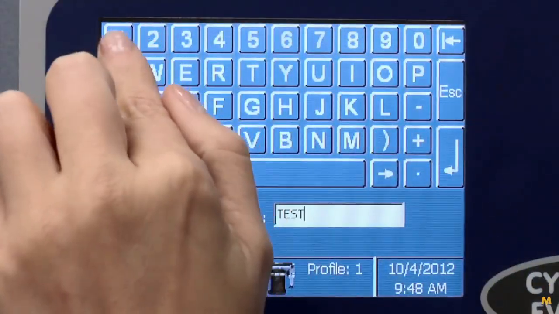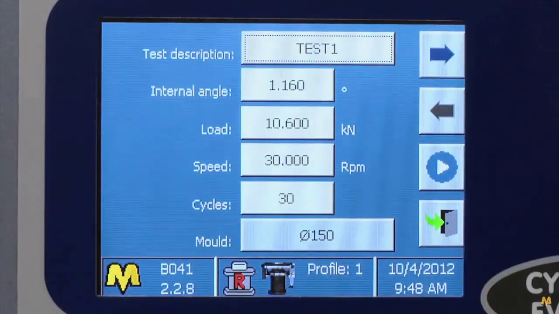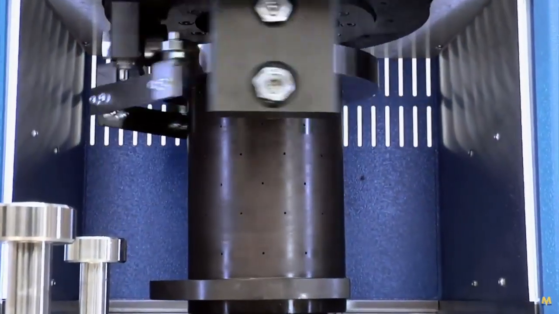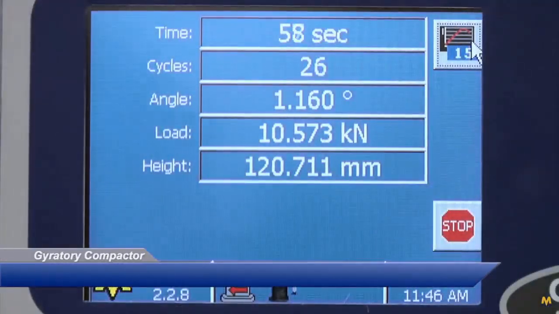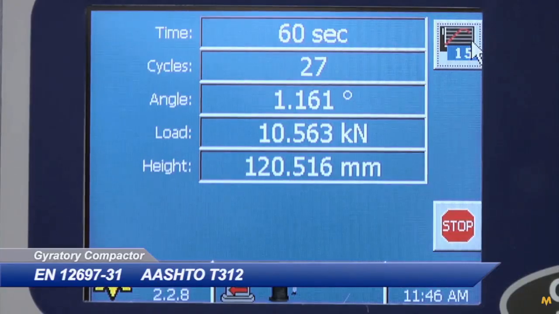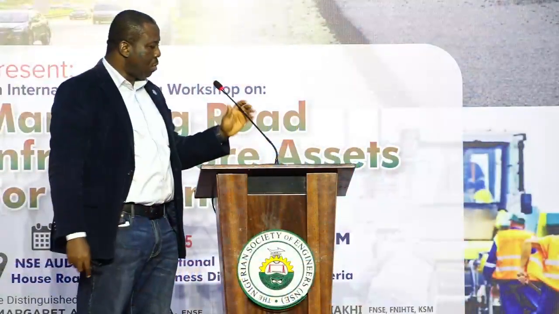Accurate setup and conservation of the gyratory angle, adjustable from 0 to 2.4 degrees. Automatic control adjustment and storage of the angle and the vertical load in compliance with EN 12697-31 and AASHTO.